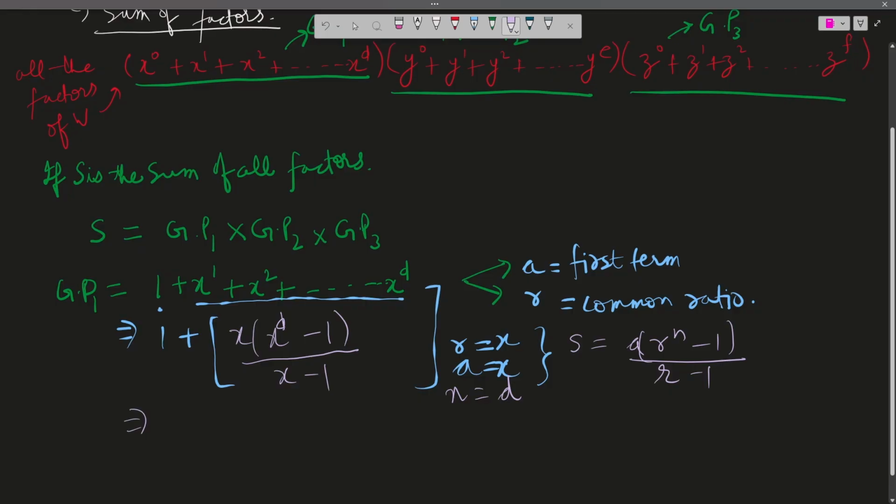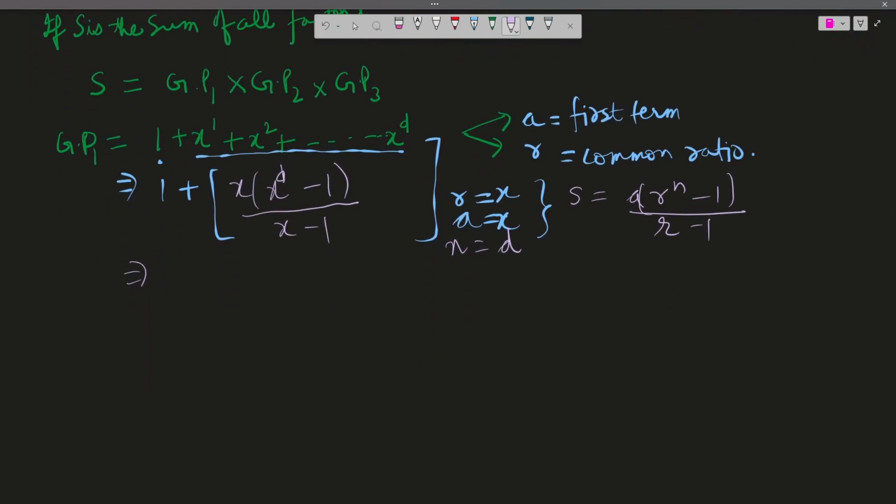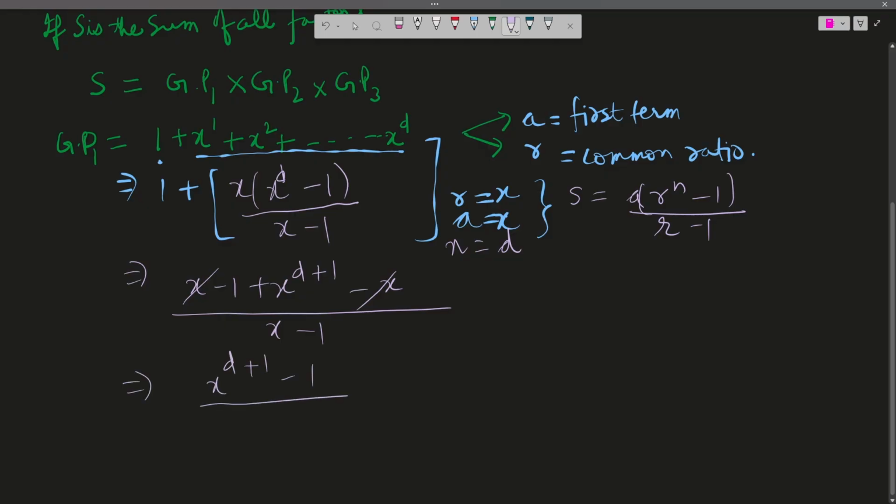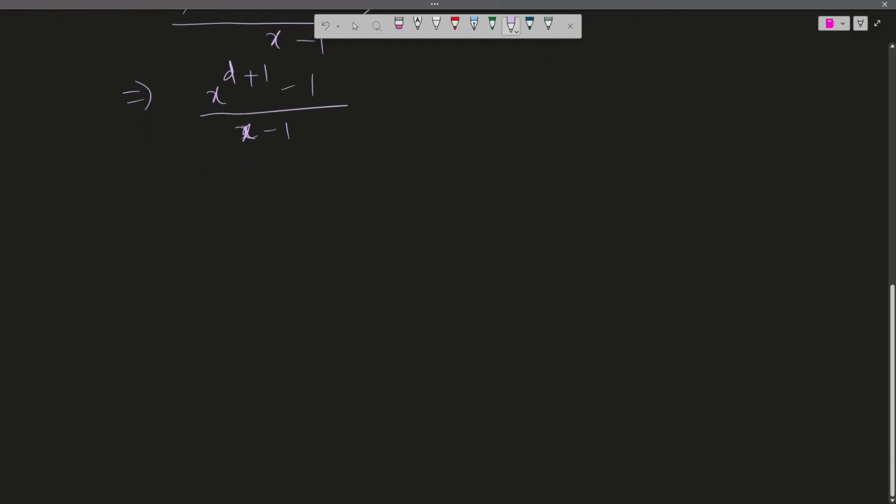If we solve it further, taking LCM, we get x minus 1 plus x to the power d plus 1 minus x, whole divided by x minus 1. This x and this x get cancelled and we are left with x to the power d plus 1 minus 1 divided by x minus 1. So this is the sum of GP1.